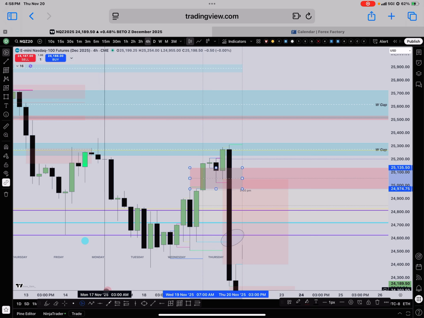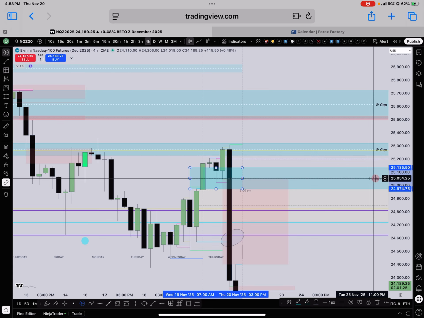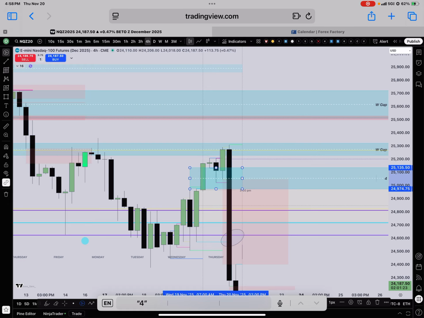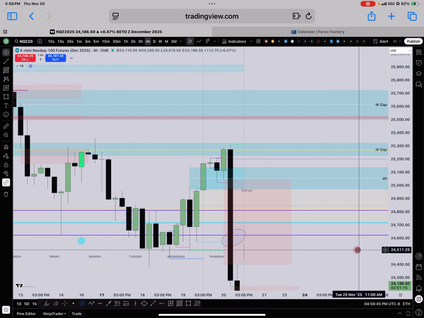Now it's not bullish. Now it's an inverse, right? This is a 4-hour. It used to be a bullish fair value gap, and on the 4 hours, there you go.